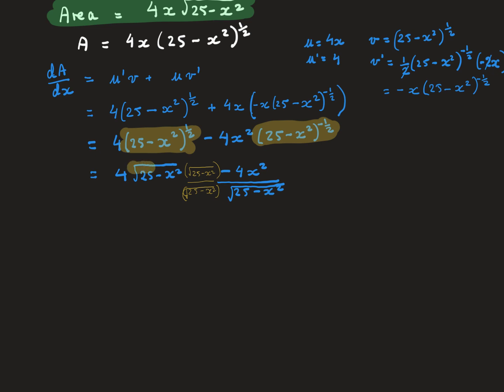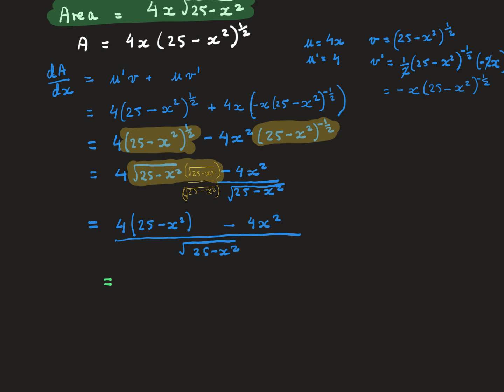What actually happens if I multiply these two together? I will get, and now I can put the whole thing under this 25 minus x squared.